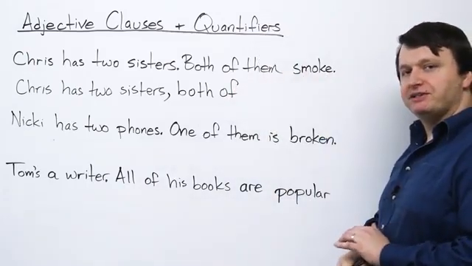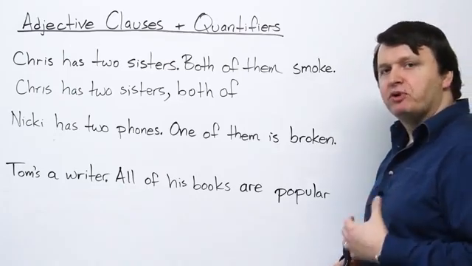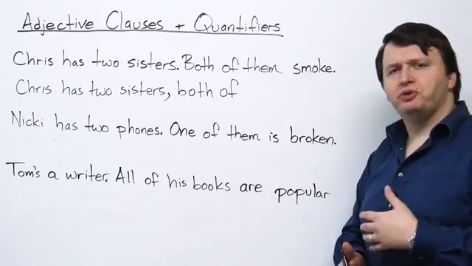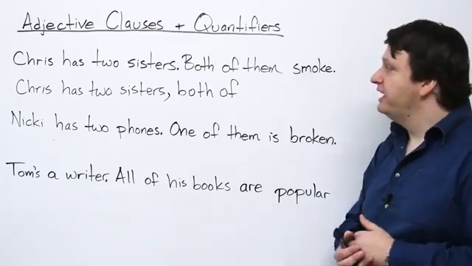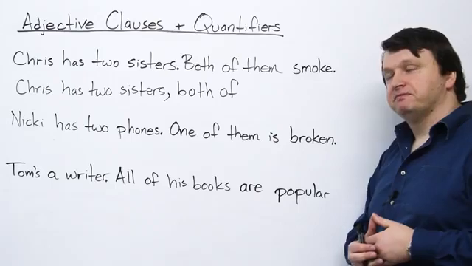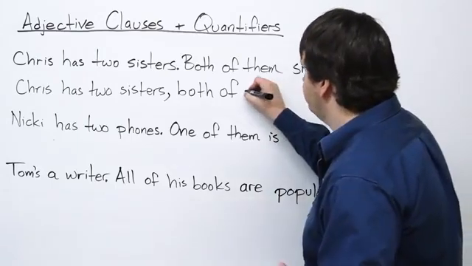What do you know about adjective clauses? You always use relative pronouns, right? So what are some relative pronouns in adjective clauses? We have who, whom, that, which, whose, where, when. In this situation, which one of those do you think we use? Okay, if you said whom, you are absolutely correct.